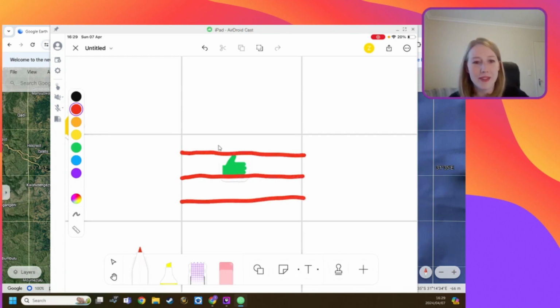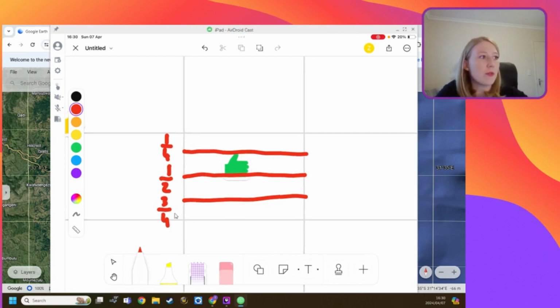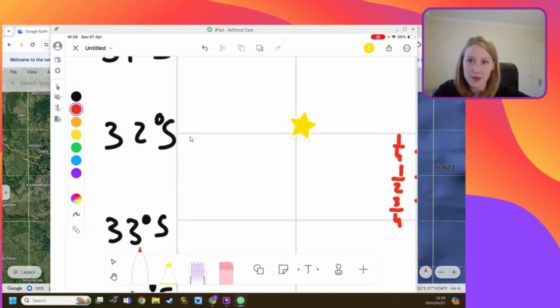It would have helped if I made the thumb a little bit smaller, so it's on the point a bit clearer. Half, quarter, and 3/4. Hope you're with me. I know the numbers are not very clear. So what we've done is we've broken the degree up into fractions.